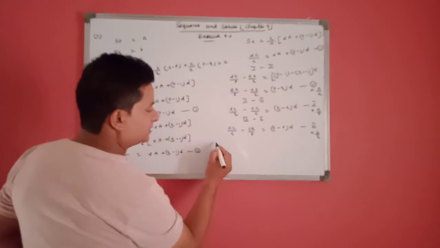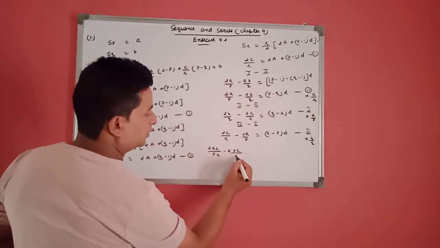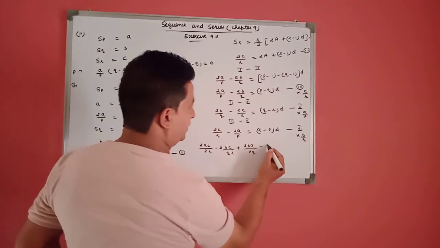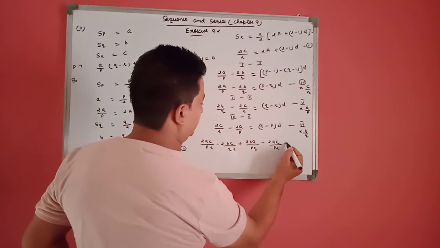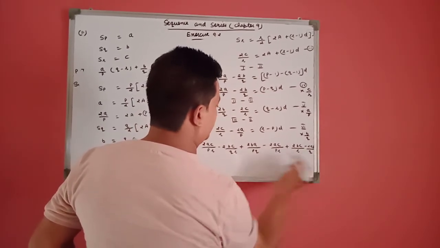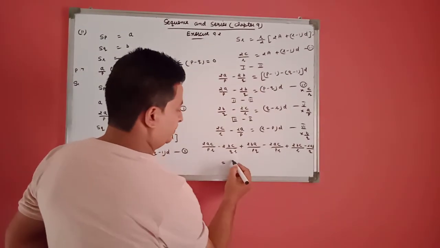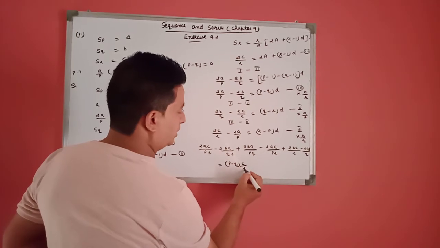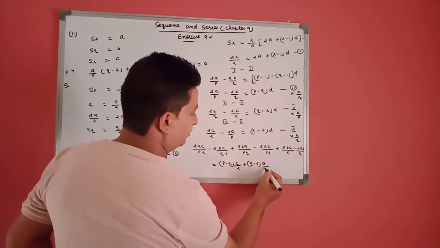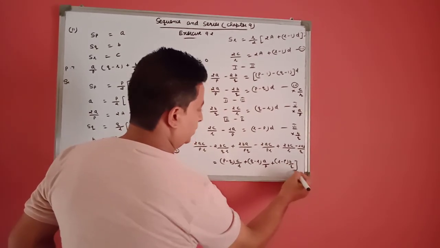When we multiply this, the left hand side is 2ac upon pr minus 2bc upon qr plus 2ba upon pq minus 2ac upon pr plus 2bc upon r minus 2ab upon q, and in the right hand side we have (p minus q) c upon r plus (q minus r) a upon p plus (r minus p) b upon q, D is common from all the terms.